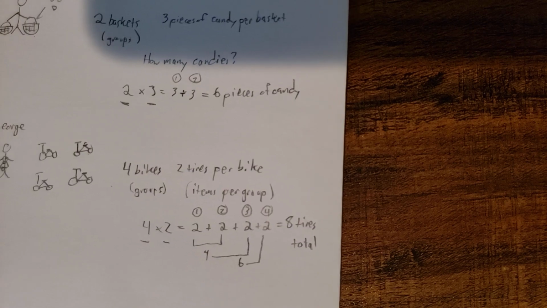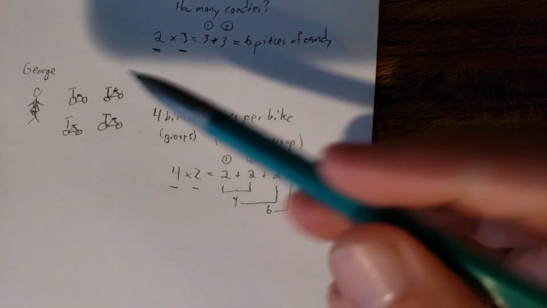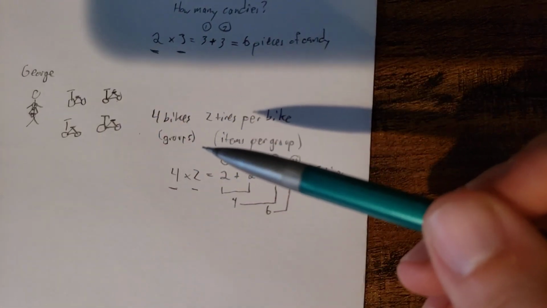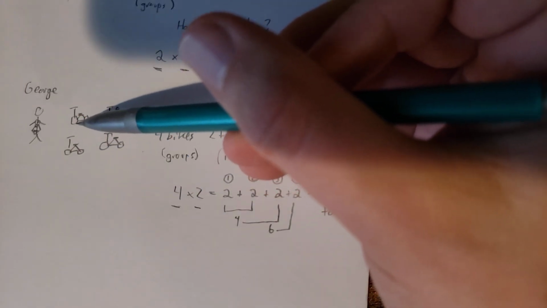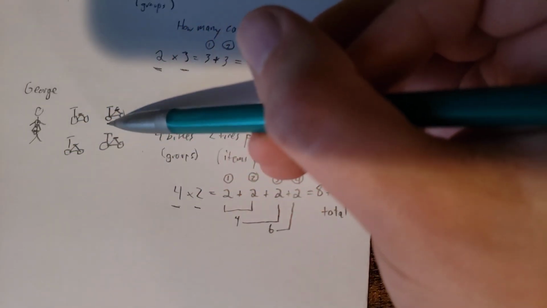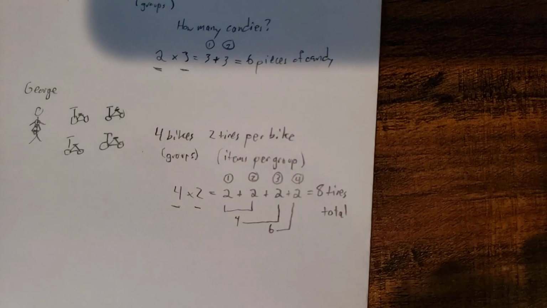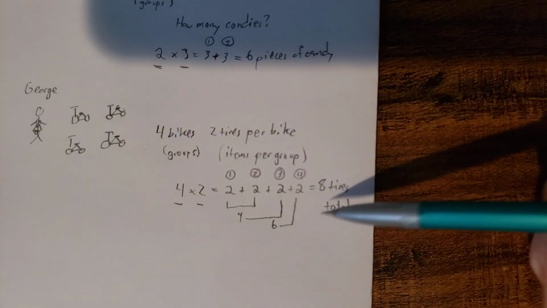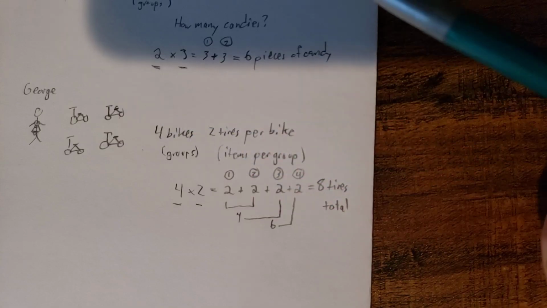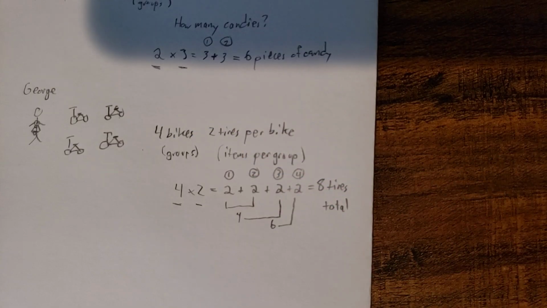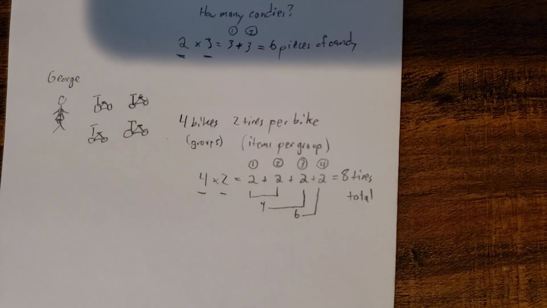Now, I like word problems like these, where you can see what's going on, and you can check yourself by counting. You have 1, 2, 3, 4, 5, 6, 7, 8 tires, and you'll be able to see that your math works out properly on both sides. That being said, you're not always going to have word problems.